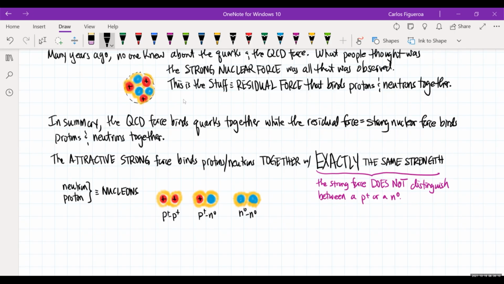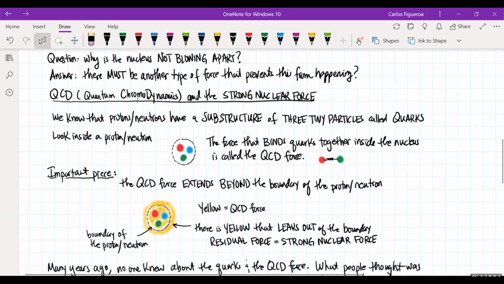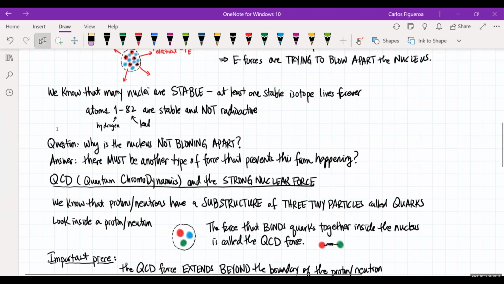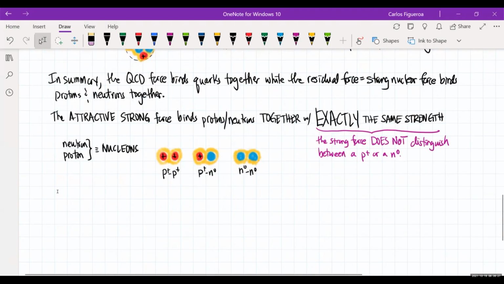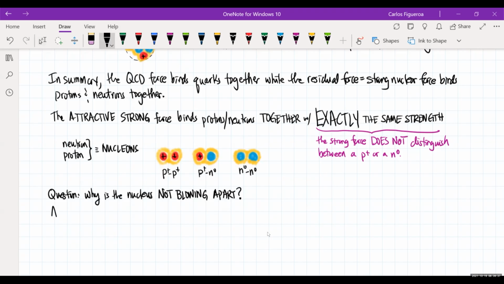So now we could ask the question again, the question up here of why is the nucleus not blowing apart? So if we come up here and we go right here, because that's the question that started it all, our answer is this.